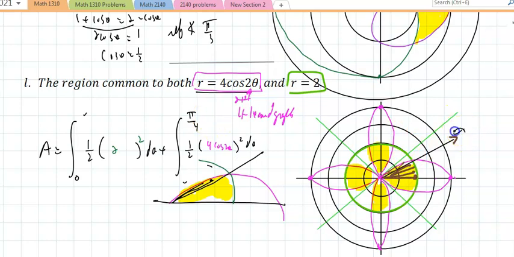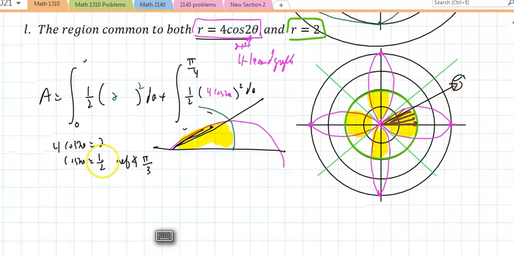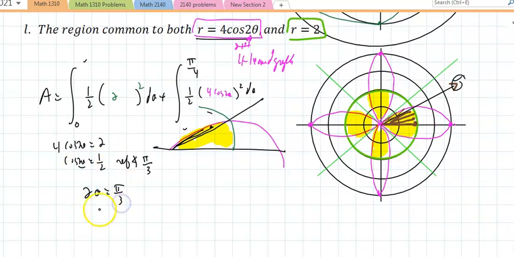So the key is figuring out where this angle is, and that's when you take 4 cosine of 2 theta and set it equal to 2. Cosine of 2 theta equals 1/2. I have a reference angle of pi over 3. But it's not cosine of theta, it's the cosine of 2 theta. So if 2 theta equals pi over 3, that means theta equals pi over 6.